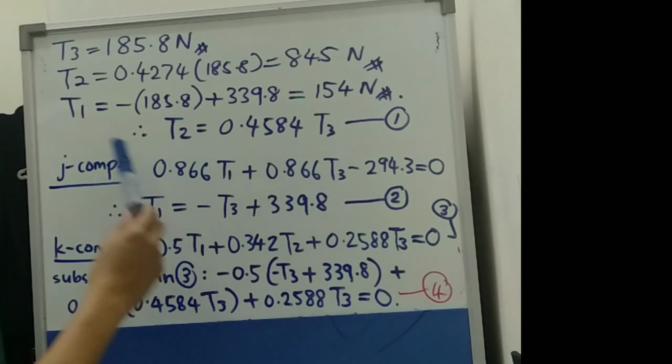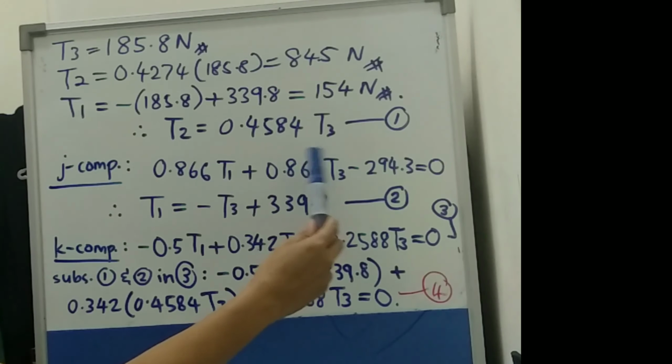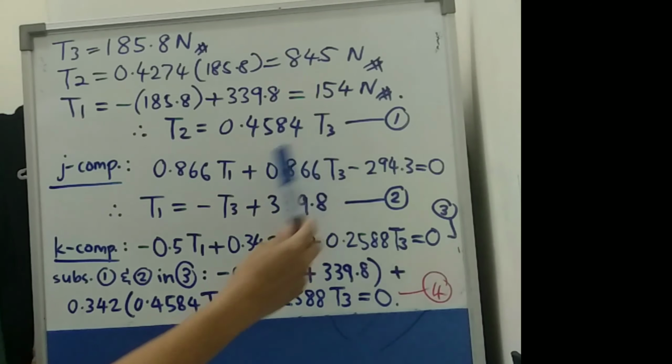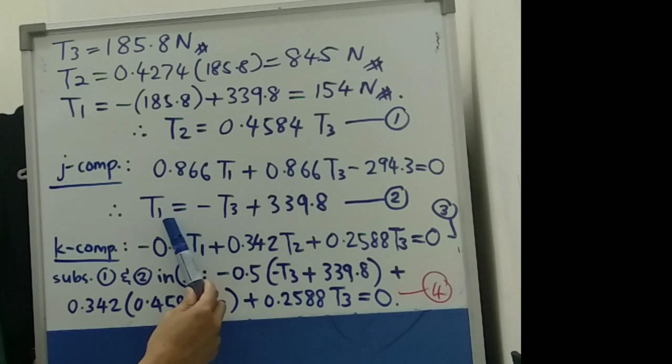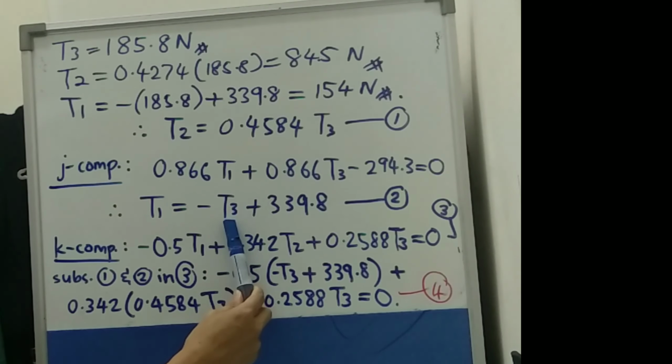We continue to find T2, and once you get your T2 value, you can continue to find your T1 using the answers that we have. So we can get the answer using the substitution method, solving the simultaneous equations.